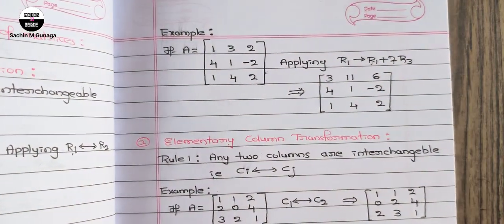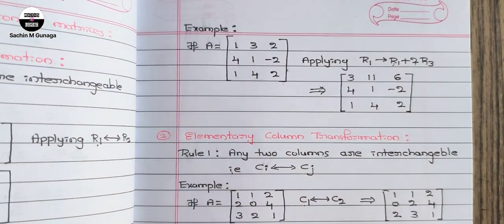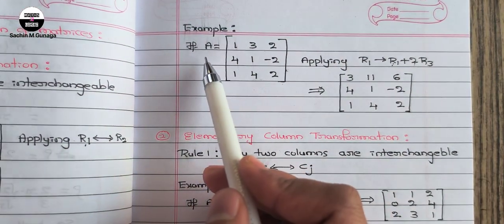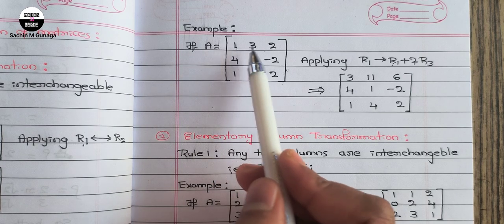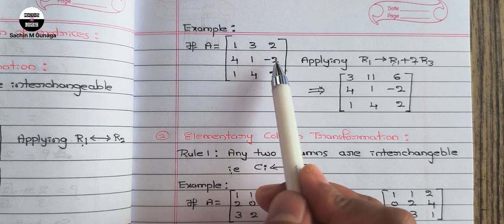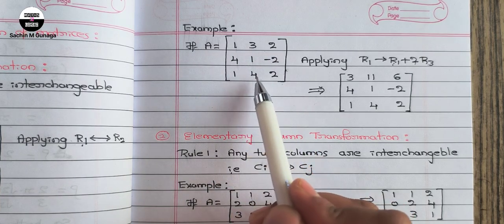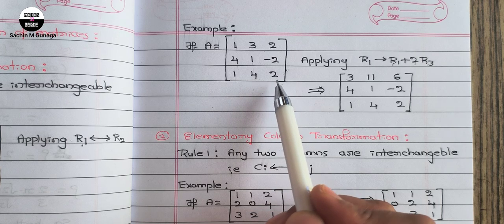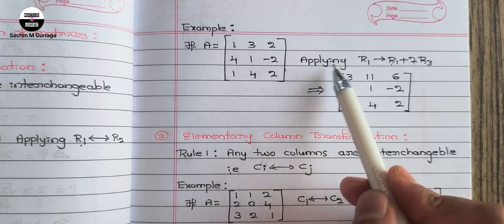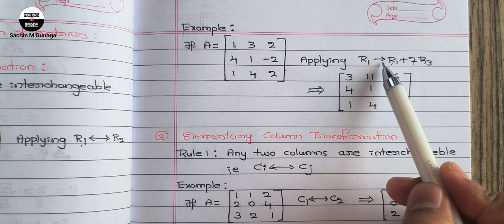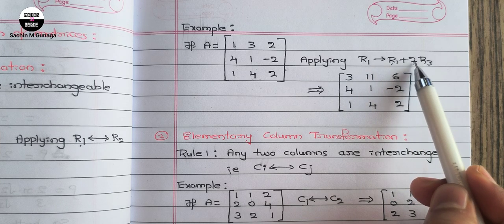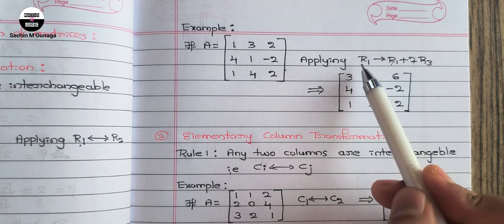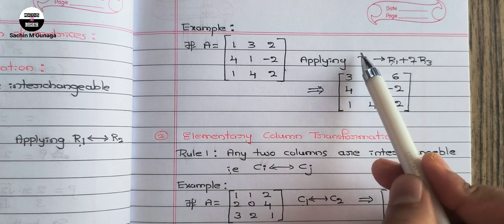Let us understand rule number 3 with one example. A is equal to 1 3 2 first row, 4 1 minus 2 second row, 1 4 2 third row. Here we are going to apply rule number 3: R1 changes to R1 plus 2R3. So here we are changing only the first row.